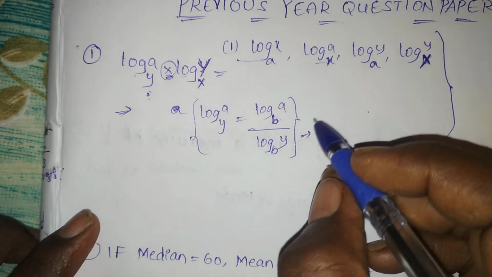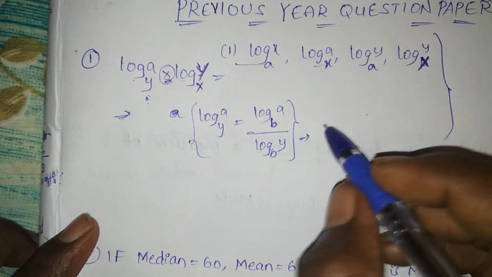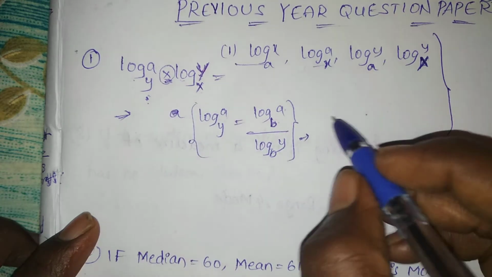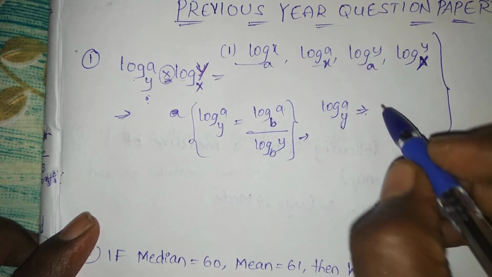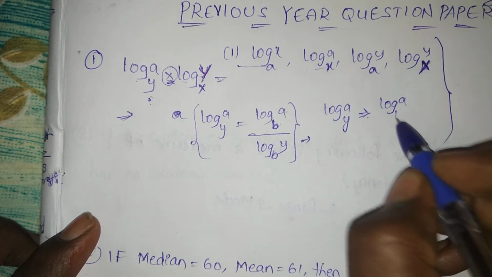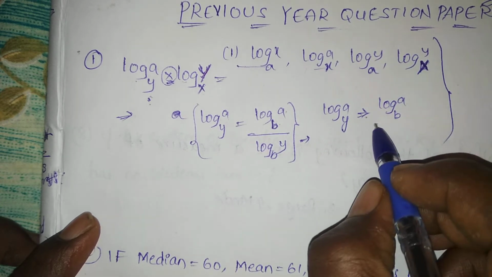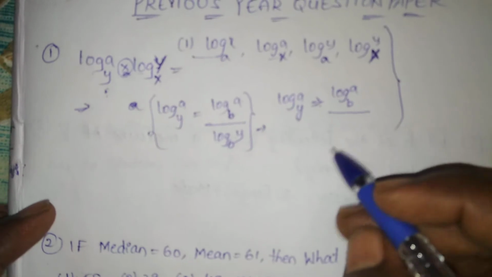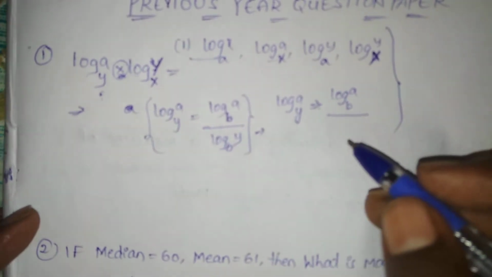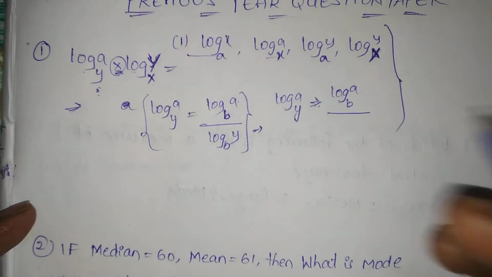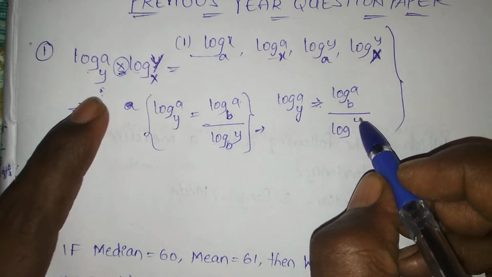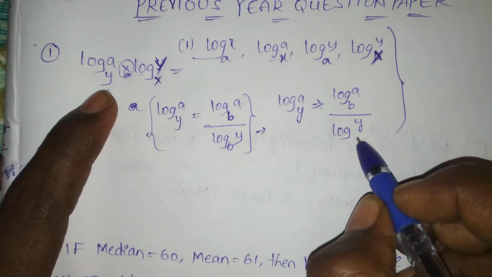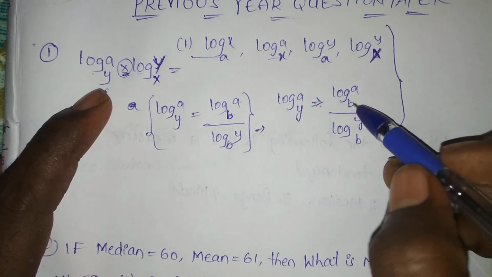Here we have log a to the base y. This can be written as log a to the base b. I am considering the base b; you can consider any base. Then log y to the base b is written the same way.